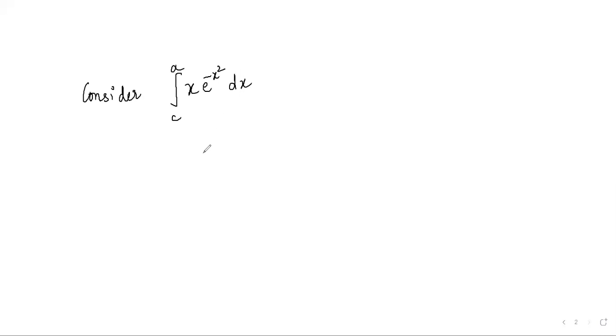We will be solving this integral with the help of substitution. Let x square be t, and after this substitution we will get that x dx will become dt by 2.